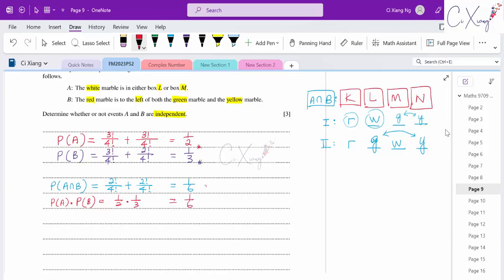So if you compare these two values, they are the same, right? So you can make a simple conclusion in this case. P(A) multiplied with P(B) is equal to P(A intersect B), and therefore events A and B are independent.